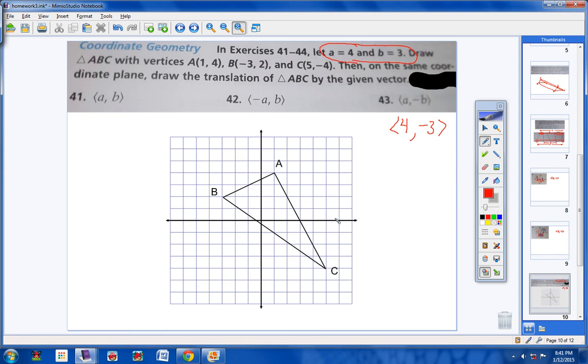So let's go ahead and move this point here: positive 4, 1, 2, 3, 4, then down 3, 1, 2, 3. Point B is the same, and then C would be 1, 2, 3, 4, and then down 3, 1, 2, 3. So about right here. There's the translation of ABC. Again, guys, pretty simple stuff, okay?